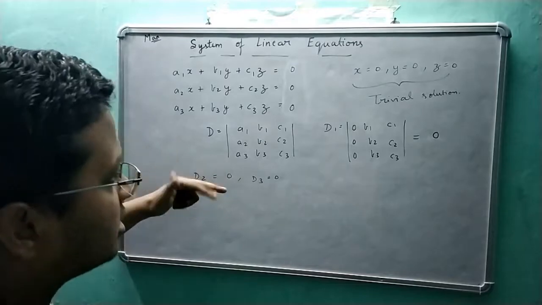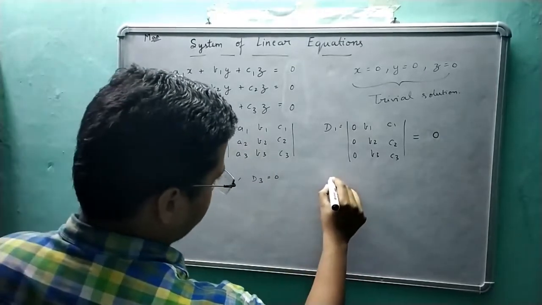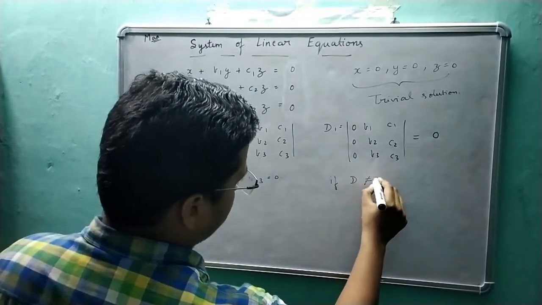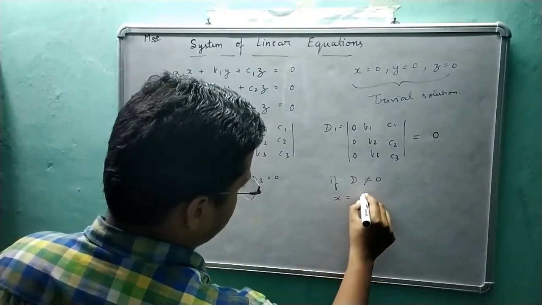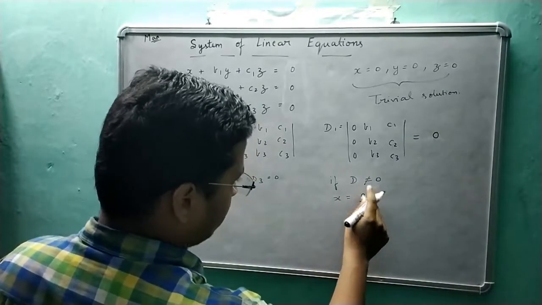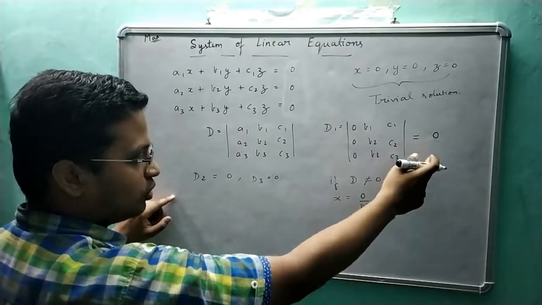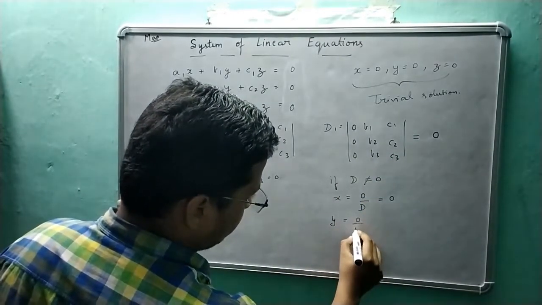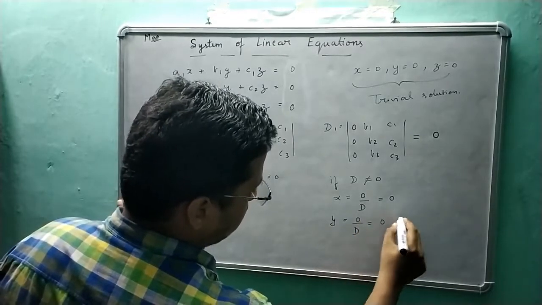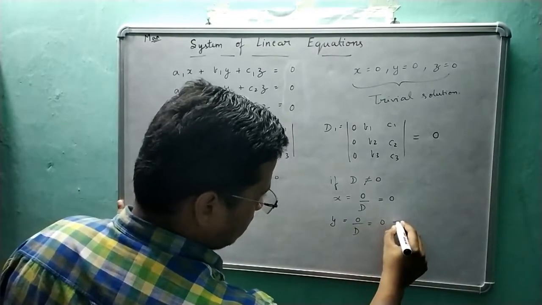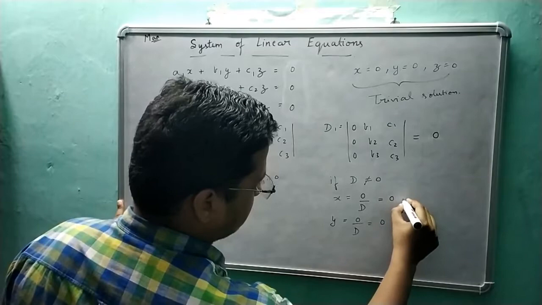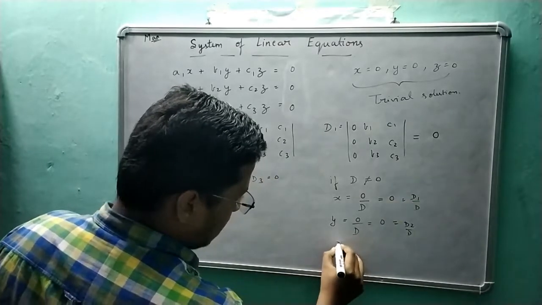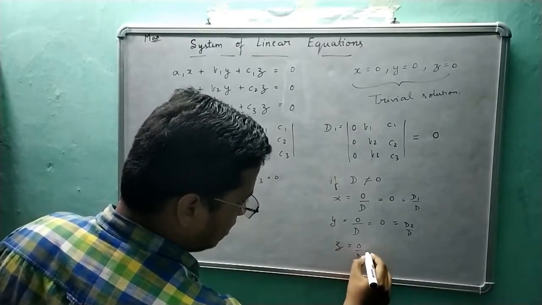Alright, so here two cases arise. If D is not equal to 0, then X is D1 by D. D1 is 0, so 0 by D, which is equal to 0. Y is D2 by D, which is 0 by D, equal to 0. And Z is D3 by D, also 0 by D, which is 0.